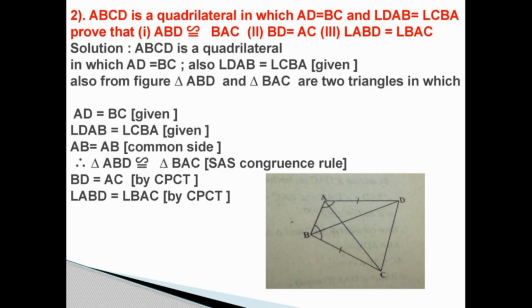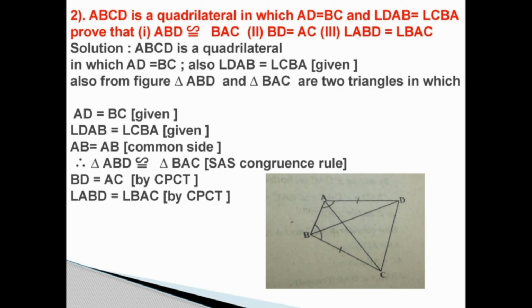ABCD is a quadrilateral in which AD is equal to BC, given. Also, angle DAB is equal to angle CBA, also given. From the figure, triangles ABD and BAC are two triangles in which AD is equal to BC, given.